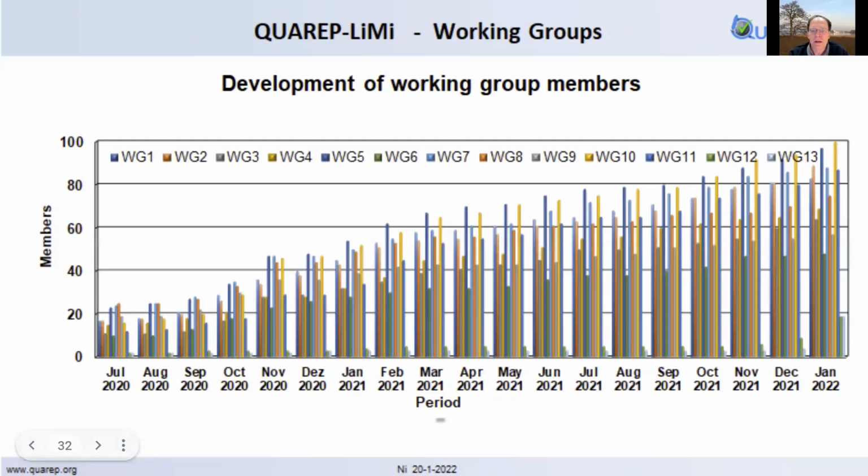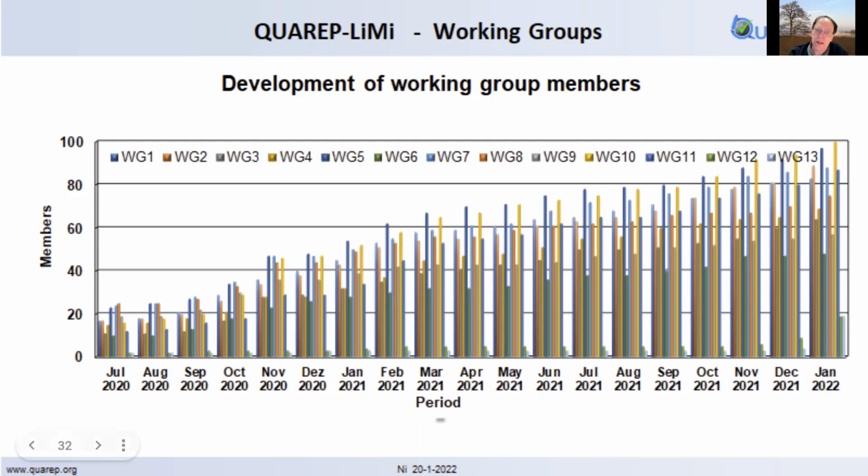Here you see how many people are working in the working groups. Each of the working groups has at least 40 to 50 people, but some of them have 80 up to 100.